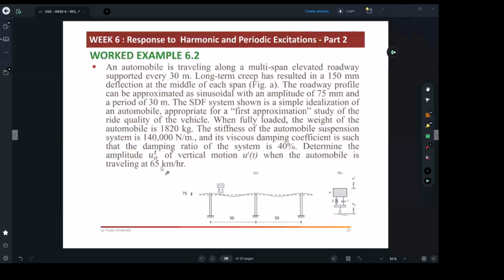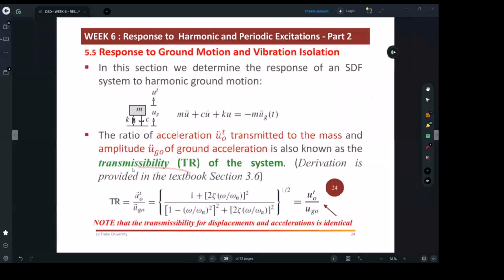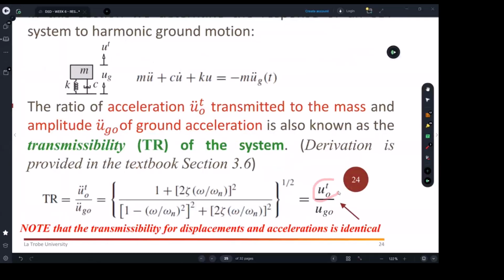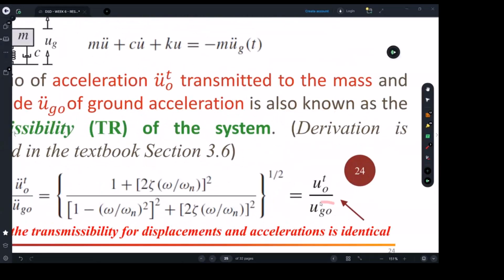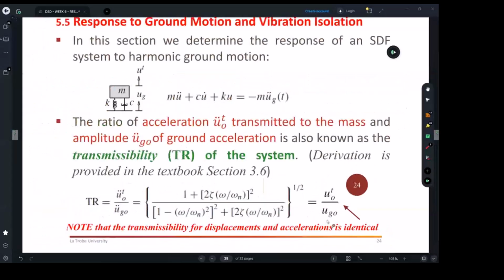So again, we're going to be employing the transmissibility equation, which will give us what we are after. Remember, this is what we are after, and this is given to us because of the situation of the road due to creep.